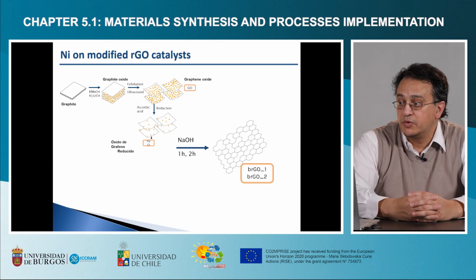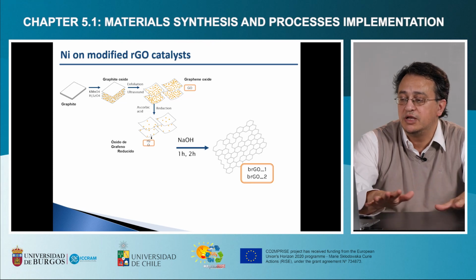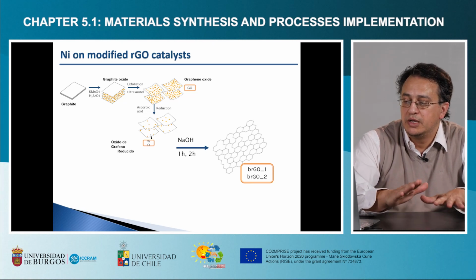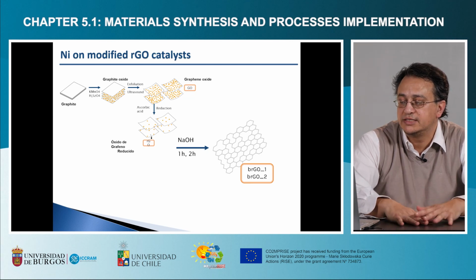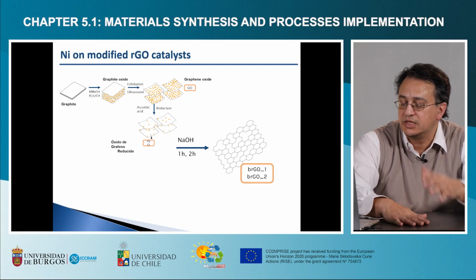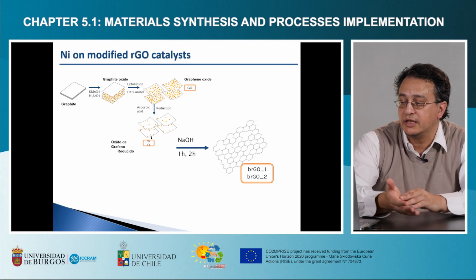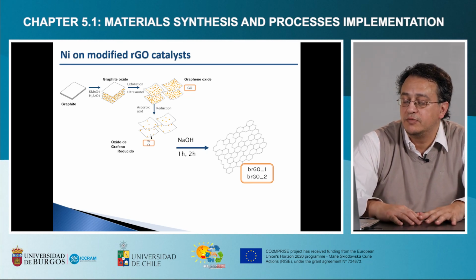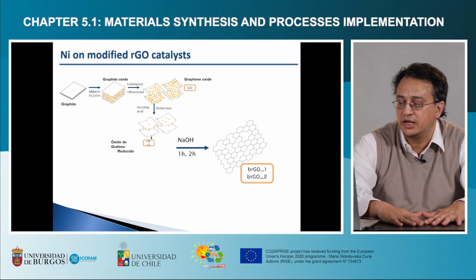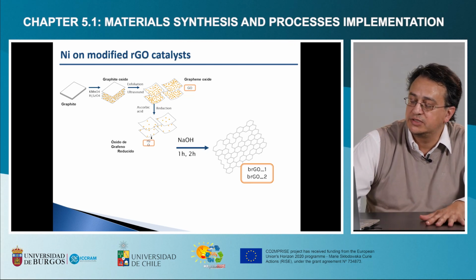Then what we do is produce some defects on the layer. As you may know, all catalytic systems are favored by these defect sites that have the activity on the system. And we do that by a basic attack with sodium hydroxide, producing some defects on it.